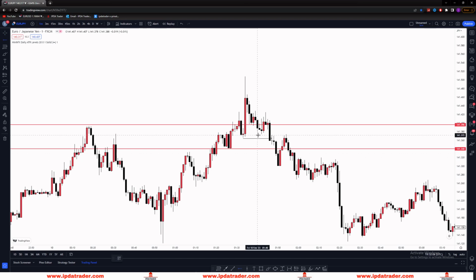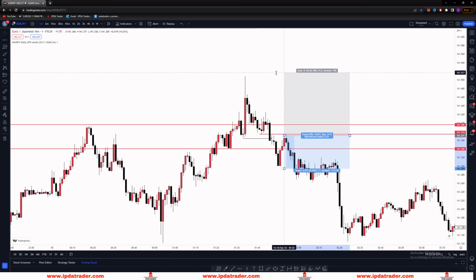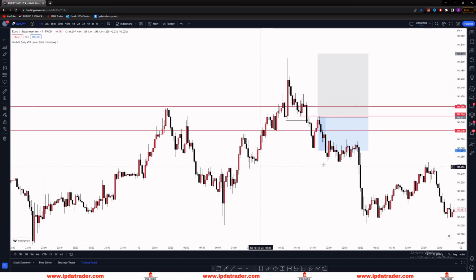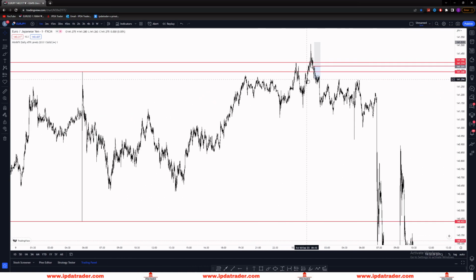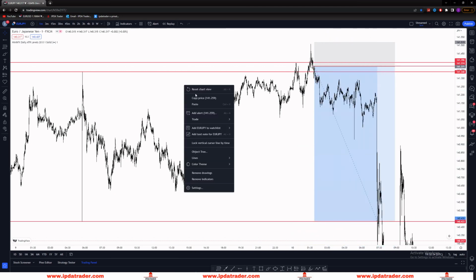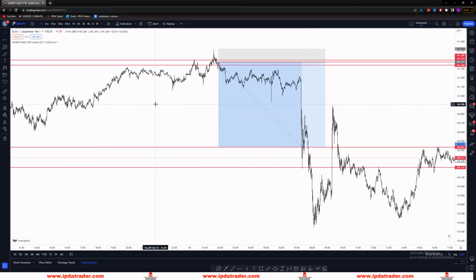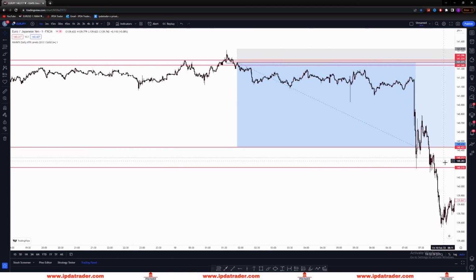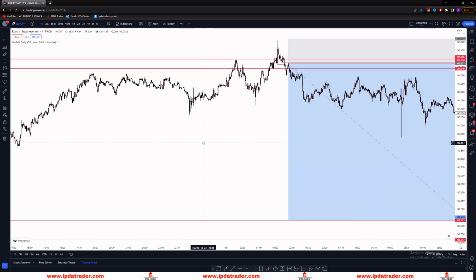If you look here, you can see that once this breaks and it gives you intention that we want to move lower, you see the pullback into the naked level, or you could have been using this. And once again, you're placing your stop above the just formed high over here, which is going to be a new daily high. And you're going to be targeting the daily low sitting over here for roughly 90 pips. And this is how you could have framed this trade idea right over here, which is once again rather simple.